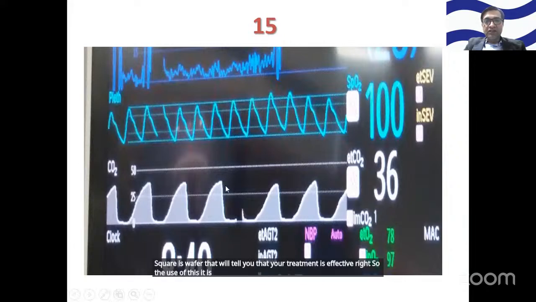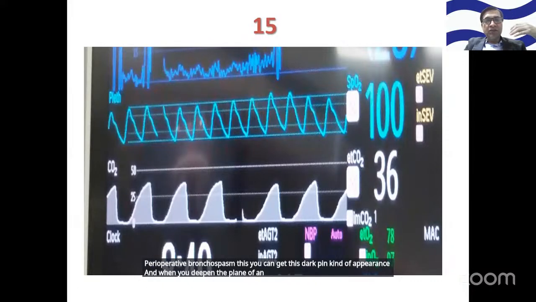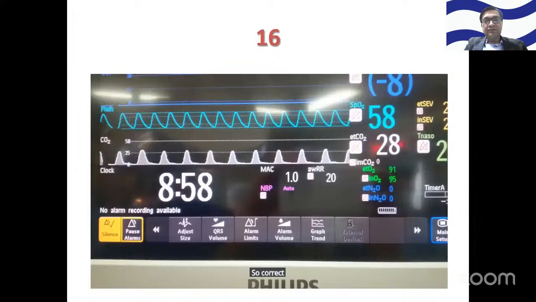One, definitely you are diagnosing, is it classical with a COPD patient, or once we put a tube and the patient sometimes goes into spasm, perioperative bronchospasm, you can get this shark fin kind of appearance. And when you deepen the plane of anesthesia or you give some bronchodilators, this should regain its typical squarish waveform, and that can tell you the effectiveness of your treatment. So correct. I think everyone has given a correct answer.